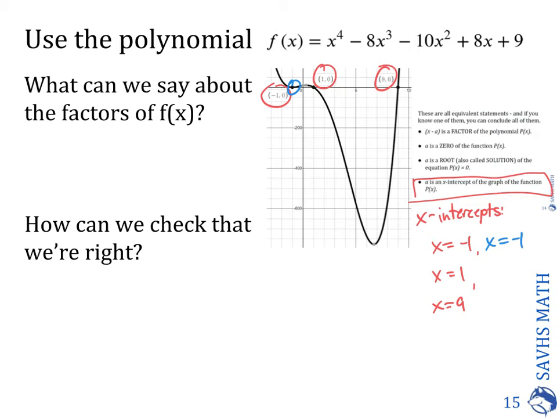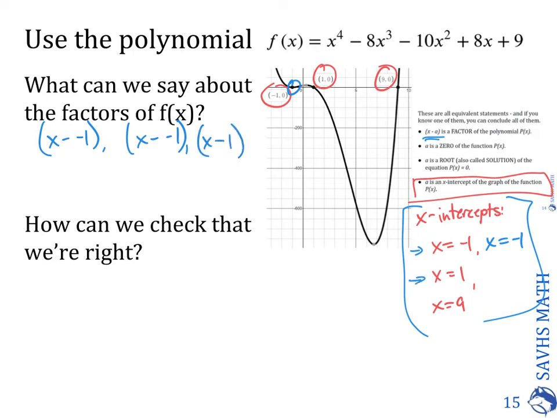We can say then, because we have these x-intercepts, that our factors are x minus -1, x minus -1 from these two, and then we have x minus 1, and then x minus 9.